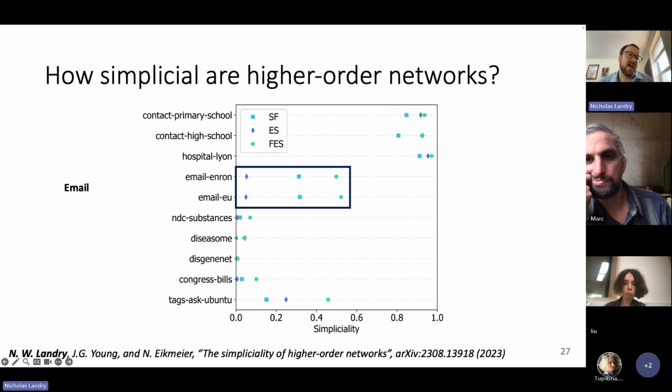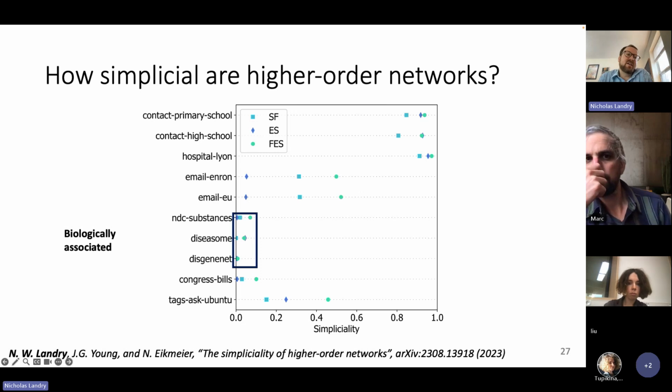And so what's happening with the edit simpliciality is that those large edges are driving the simpliciality to 0. And we don't get that same problem for the simplicial fraction and the face edit simpliciality. So these are actually highly simplicial data sets, but with these weird anomalies of large edges.